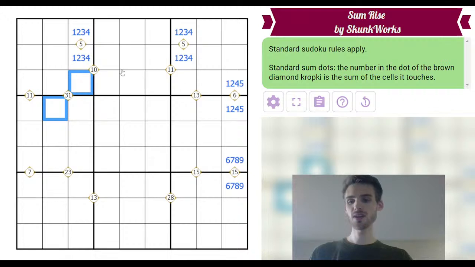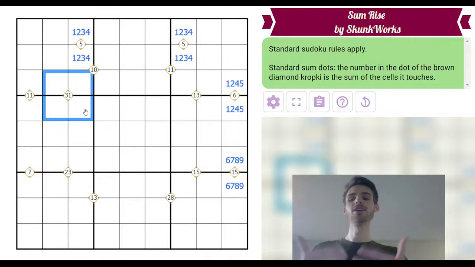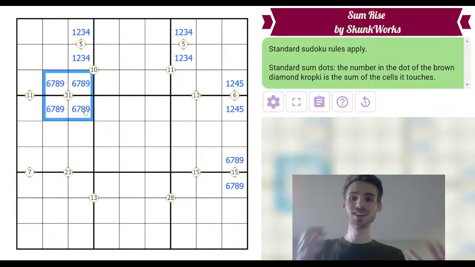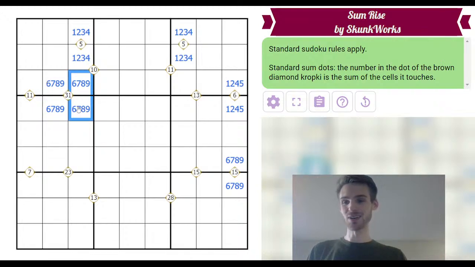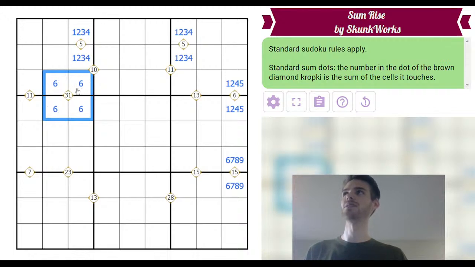So let's think, does the 31 have a repeat? That's actually a good point, Nordy, to think about whether it needs a repeat. And yes, of course it does, because if we did 6, 7, 8, 9, that adds to 30. You can do that quickly based on 3 cells adding to maximum 24.